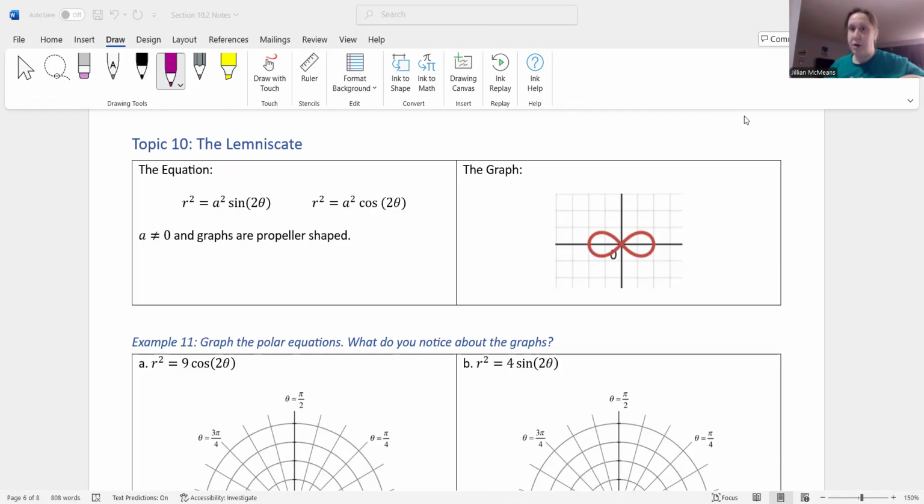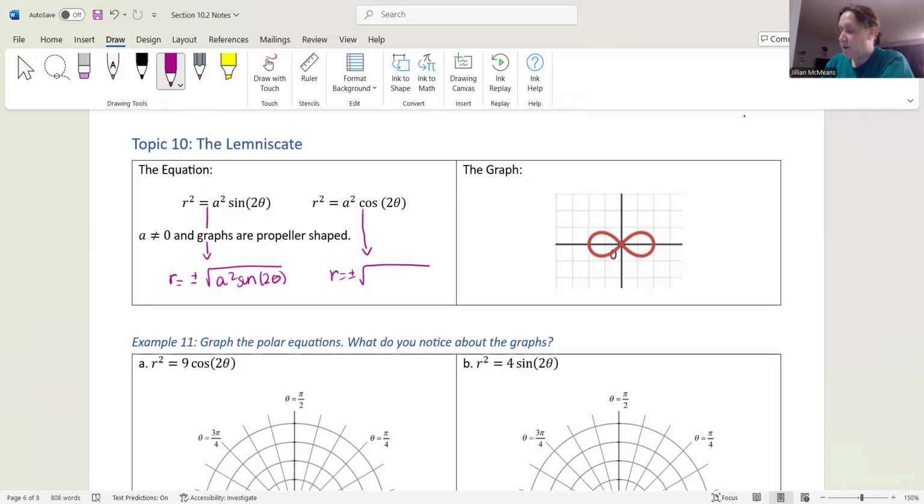Now, in order to type these polar equations into your calculator, they have to be solved for r. The issue here is we have r squared. So please remember that if we want just r, we're going to have to go plus or minus the square root.